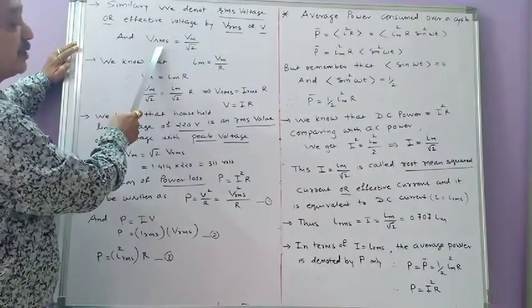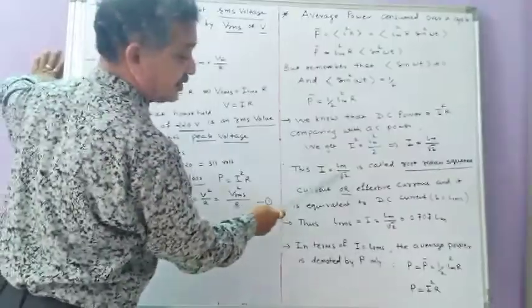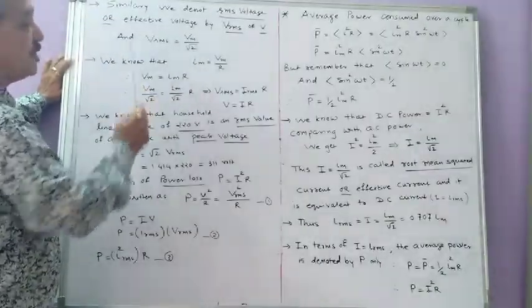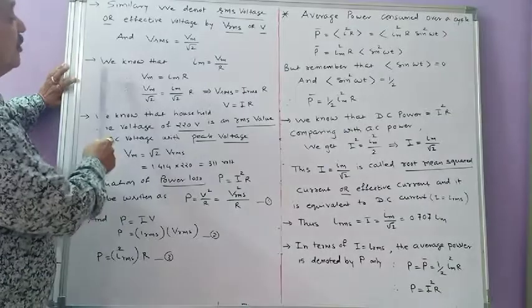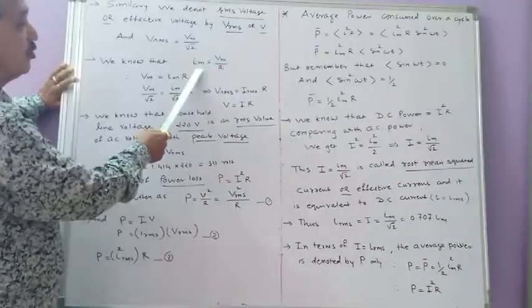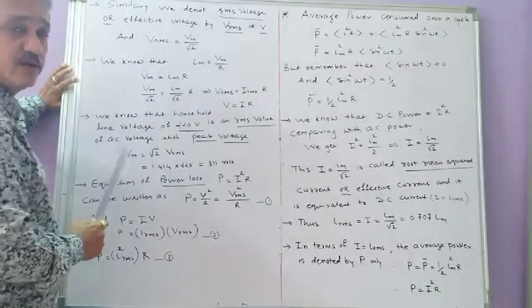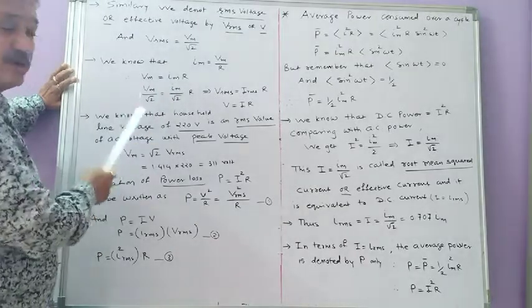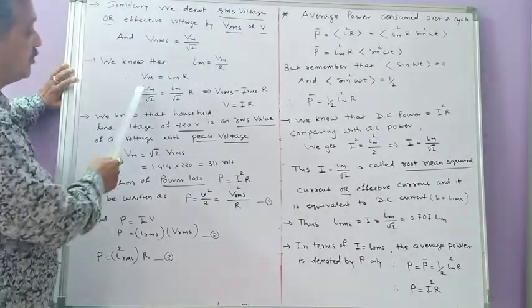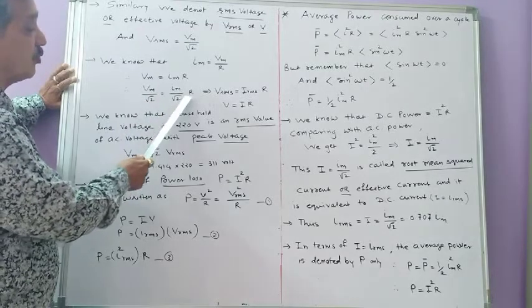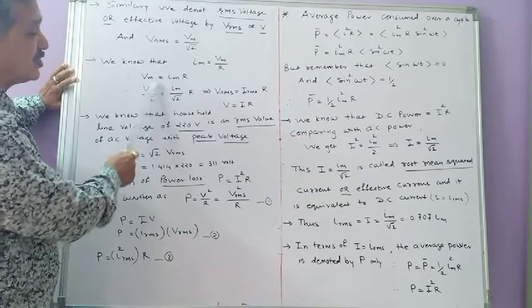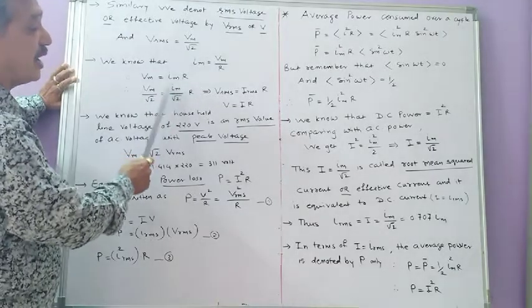Therefore this VRMS, so just like IRMS equal to Im upon root 2, similarly VRMS equal to Vm upon root 2. But we know that Im equal to what? Vm upon R. So you can write Vm is equal to Im into R. Divide by root 2 on both sides, so Vm upon root 2 equal to Im upon root 2 into R. So this is replaced by VRMS symbol, this is replaced by IRMS symbol.